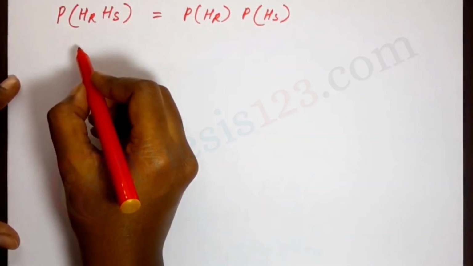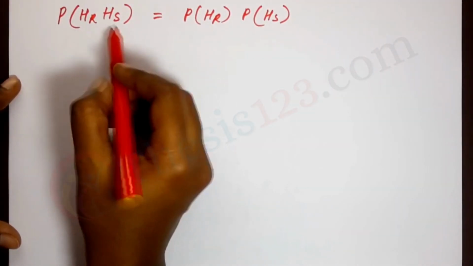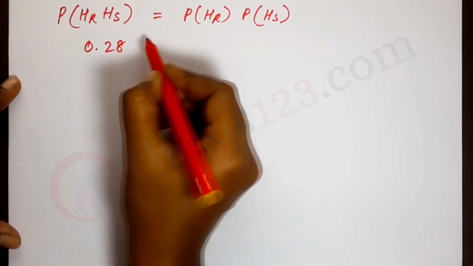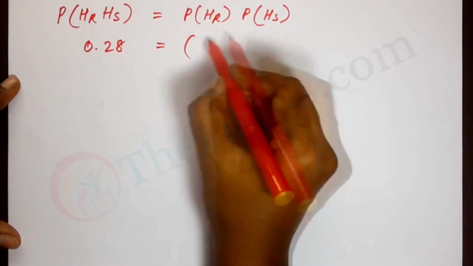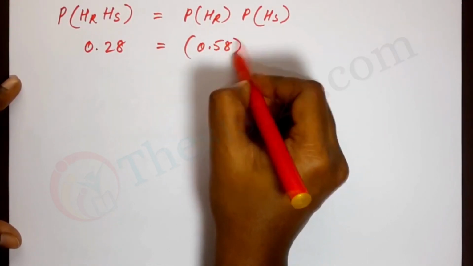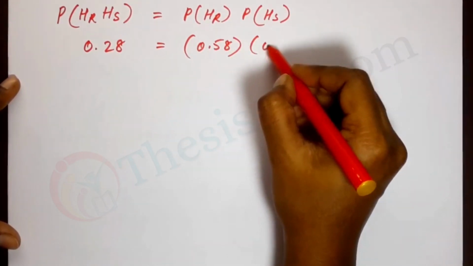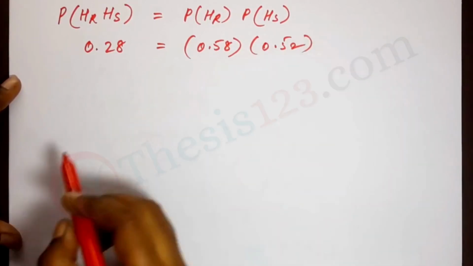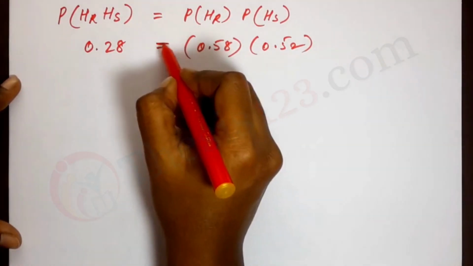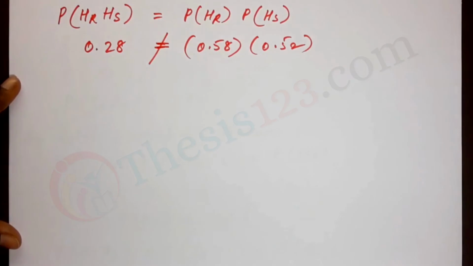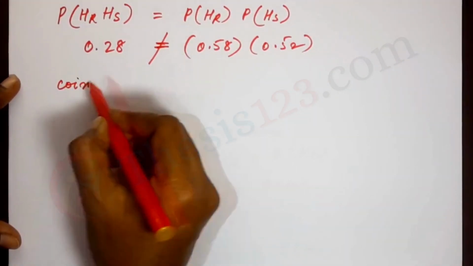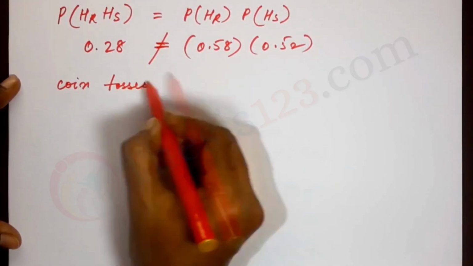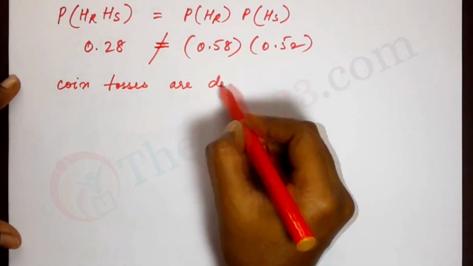The probability of HRHS is 0.28, and this should equal the probability of HR, 0.58, times the probability of HS, 0.52. We see here that they are not equal to each other, which means that the coin tosses are dependent.